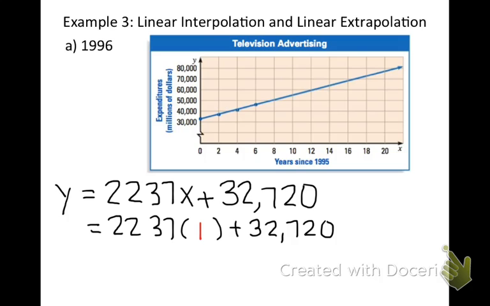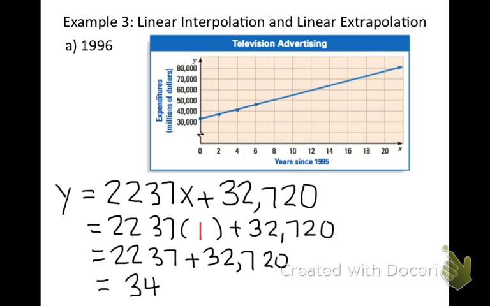Now we can simplify. The model predicts that almost 35,000 million, or 35 billion, was spent in 1996.